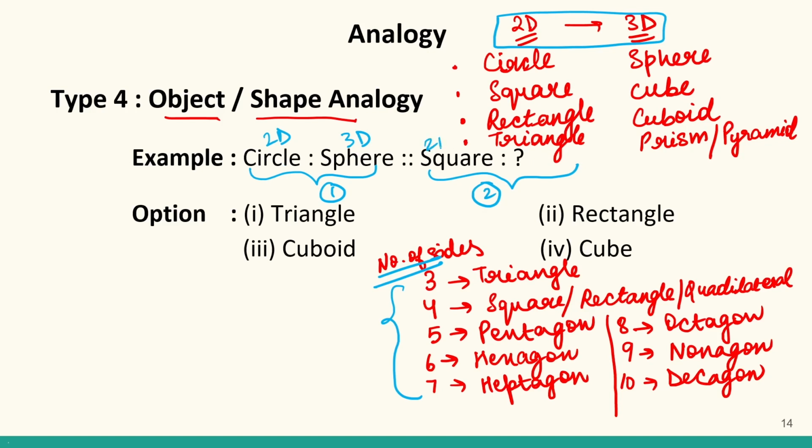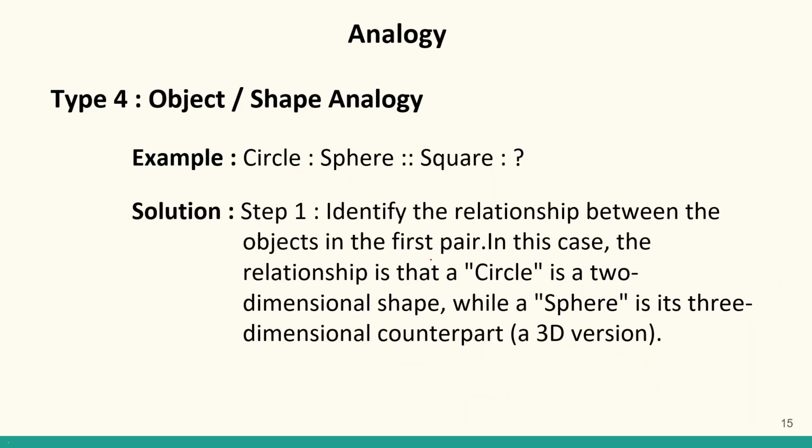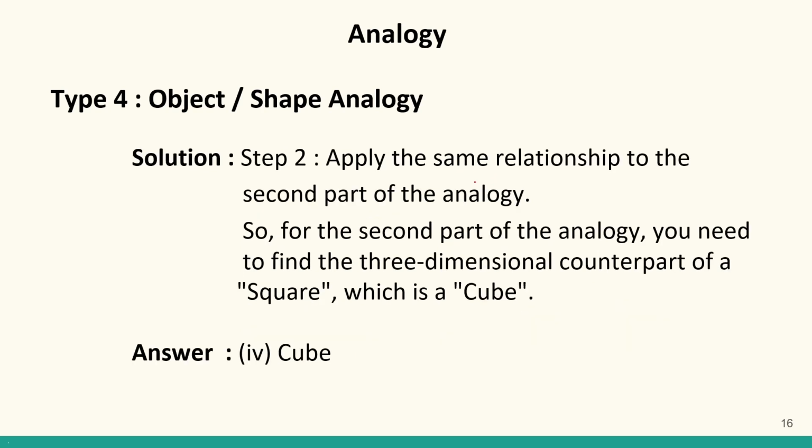Over here, the 2D figure that is given is square. And for square, the corresponding 3D figure is called cube. So our answer will be option number 4, cube. We had to first identify the relationship between the objects in the first pair, which was circle and sphere, and then use the same logic for the second pair, which is square and cube.